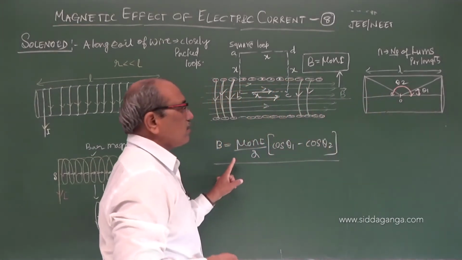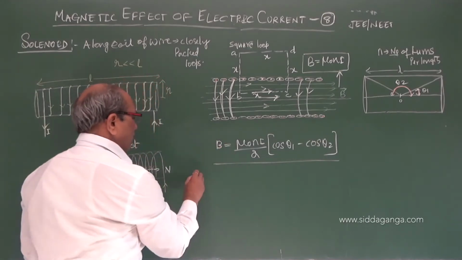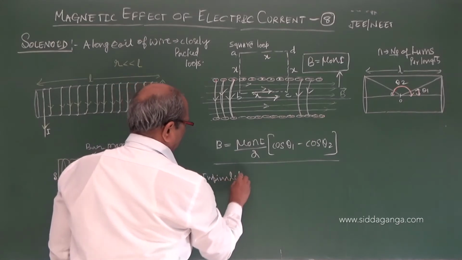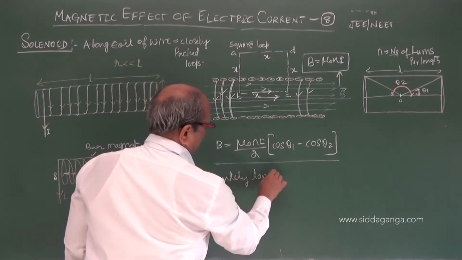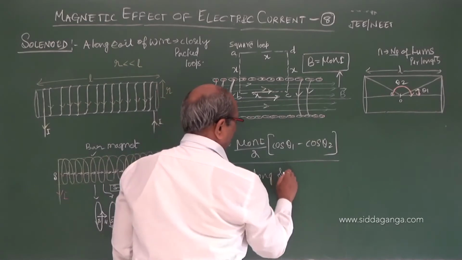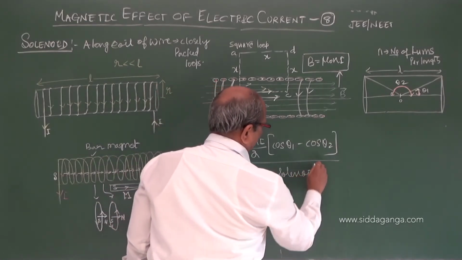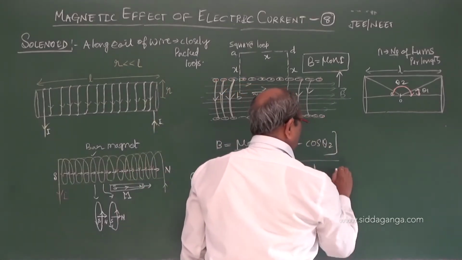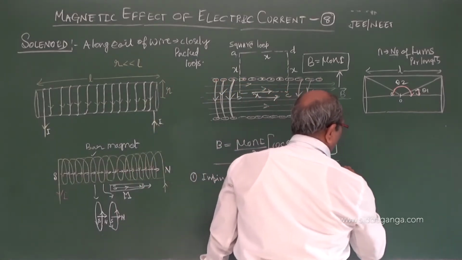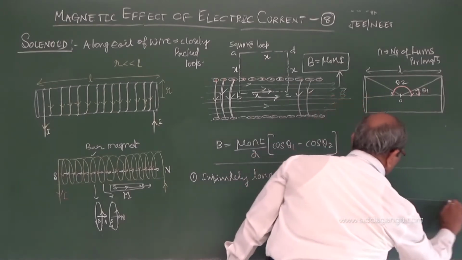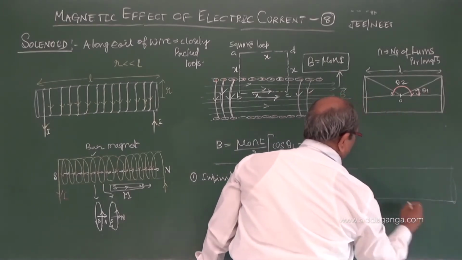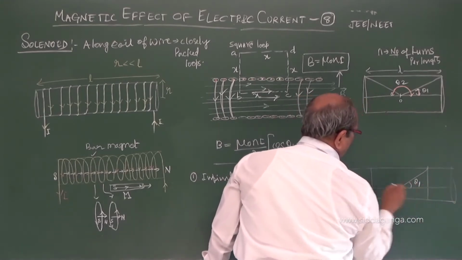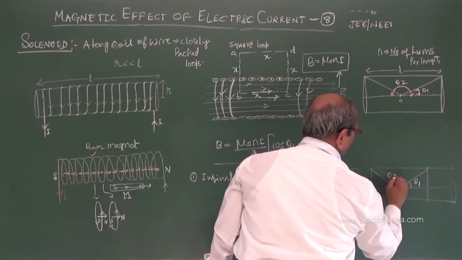For an infinitely long solenoid, just imagine this is the solenoid. As its length increases on either side, earlier it may be of this length, now this is theta 1 and this is theta 2.